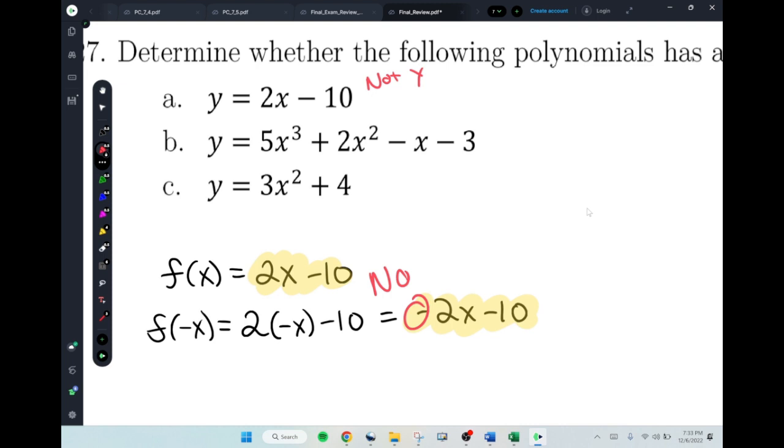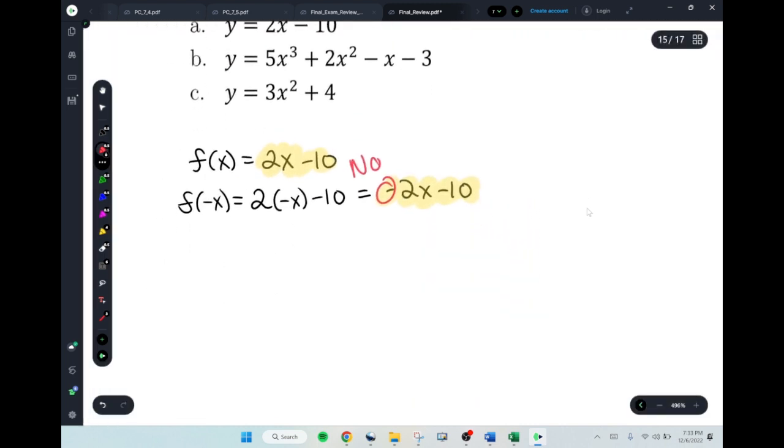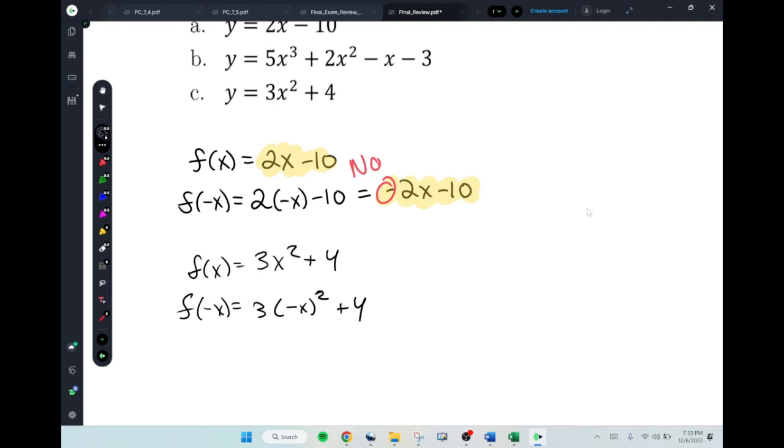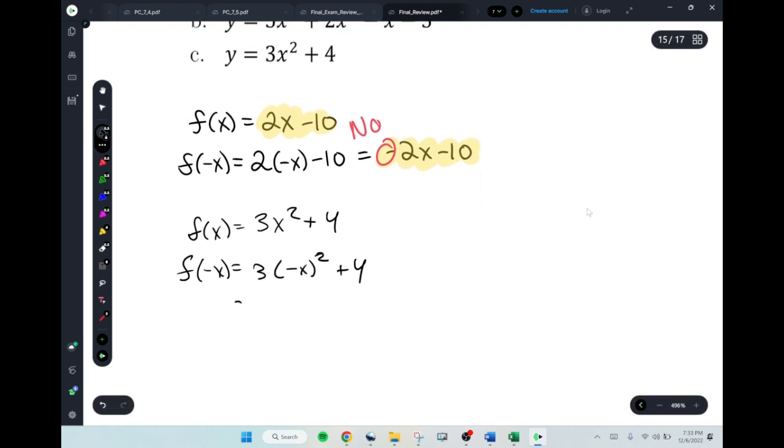Interesting. I'm going to skip to C because B doesn't work again, and for the sake of time. So let's skip to C. F of x equals 3x squared plus 4. F of negative x equals 3 times negative x squared plus 4. What's negative x squared? This is cool. It's just x squared, right? They're the same thing every time.